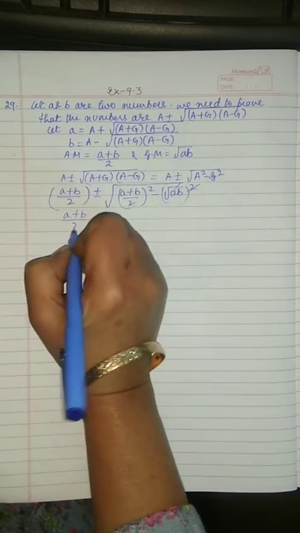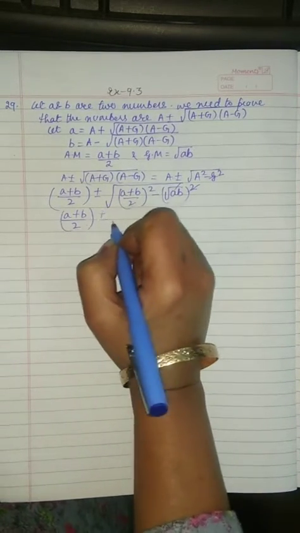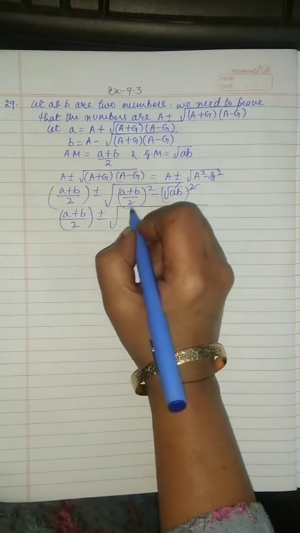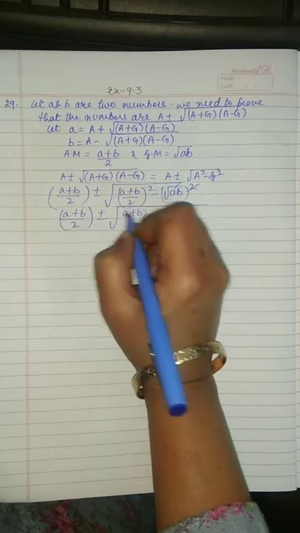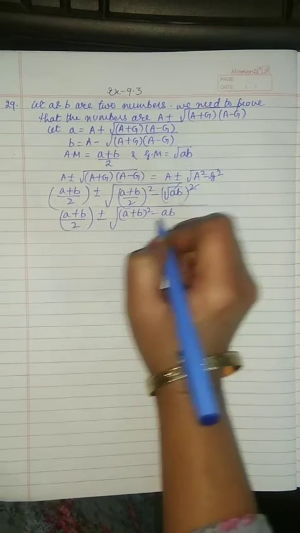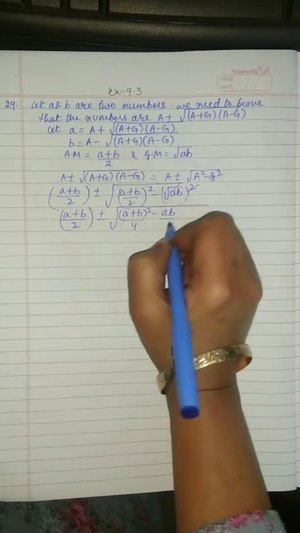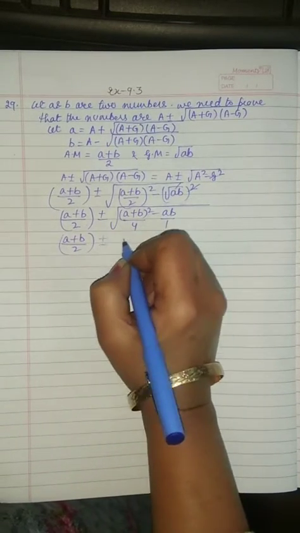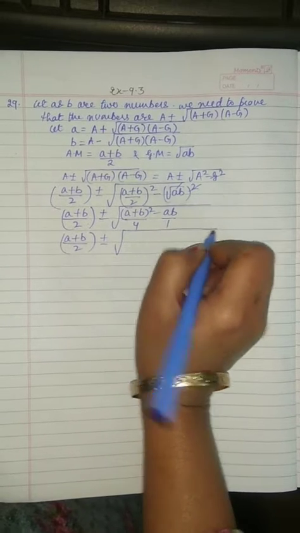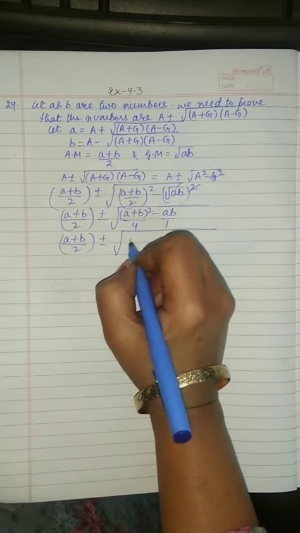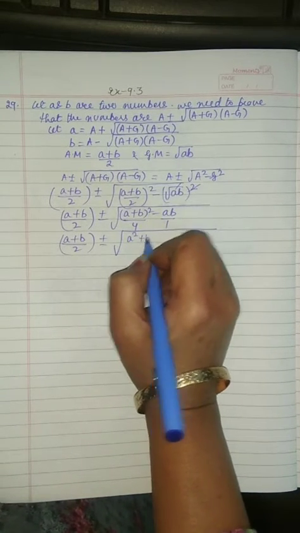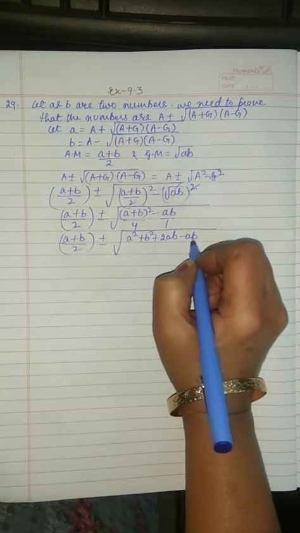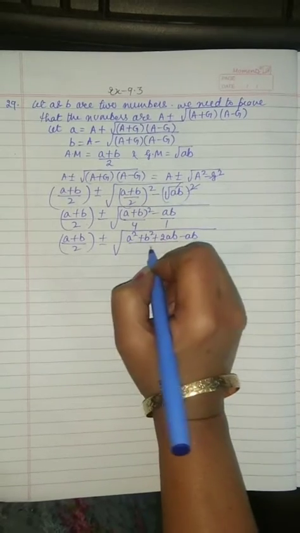We are left with (a plus b) by 2 outside the bracket plus minus under root ((a plus b) whole square minus ab) upon 4. So we will take the LCM. So it will become (a plus b) by 2 plus minus under root, where (a plus b) whole square will be equal to a square plus b square plus 2ab minus ab, and here we have 4.